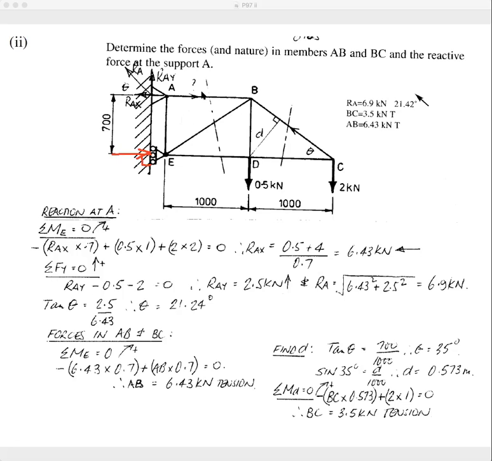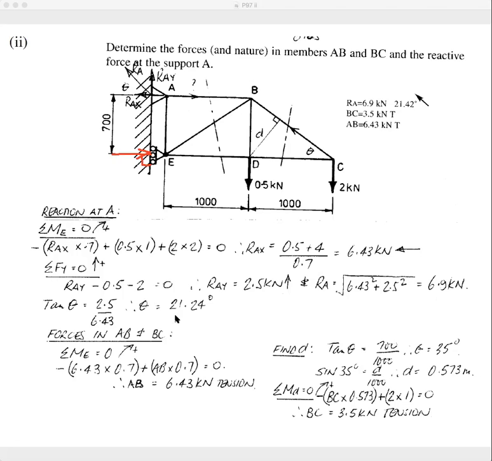Now, because the reactive force is asked for, not the reactive components at A, you've got to use Pythagoras here to find the magnitude of that force, and you've got to find that angle as well, because remember there are 4 components of a vector that you've got to include in the answer.